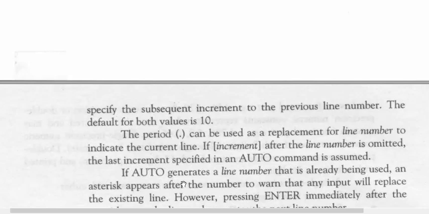And so on. The period dot can be used as a replacement for line number to indicate the current line. If the increment after the line number is omitted, the last increment specified in an AUTO command is assumed. Say you have written two codes in BASIC language.